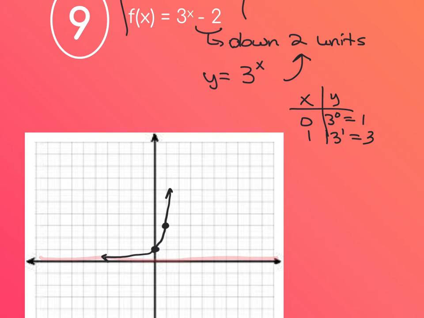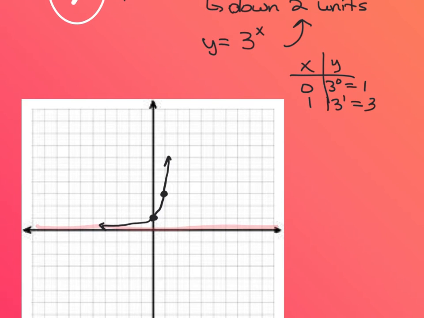So first let me shift the asymptote. I'm going to go down 2 spaces. So now my horizontal asymptote is now located at y equals -2. And then I'm going to take both of the ordered pairs, the 0, 1, move it down 2, and then move this one down 2. And again, it's still going to take on the same shape, but now it's skimming along the blue asymptote.